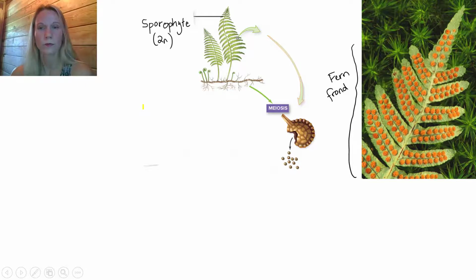also doing what? Sporophyte means spore-producing plant. So yeah, the fern frond would be producing the spores of the plant. So if you have a chance to ever look at fern plants in nature, take a look at the underside of their leaves.